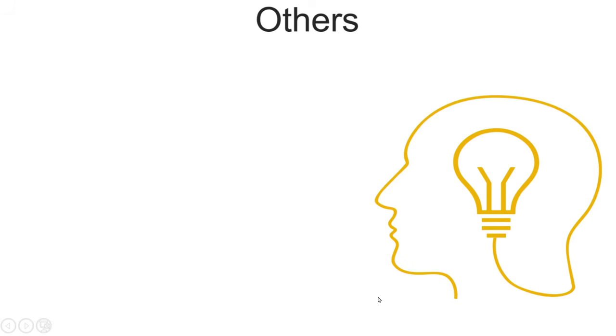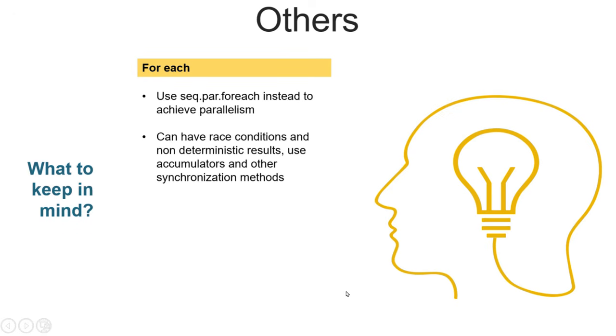Okay, what can be other properties apart from whatever we saw? What else can we do at the code level? Some other things are, we use foreach quite a lot, right? Now if we use sequence.par.foreach instead of just foreach, then it can help us in achieving parallelism.